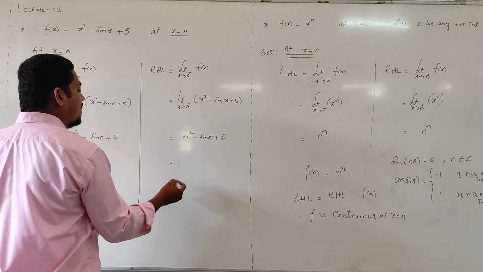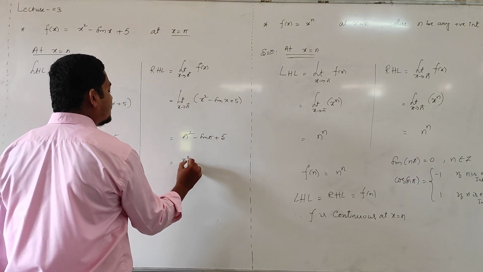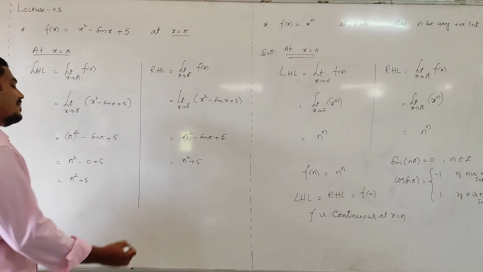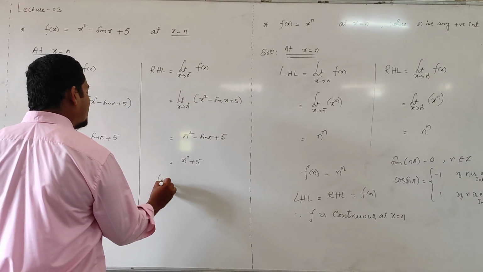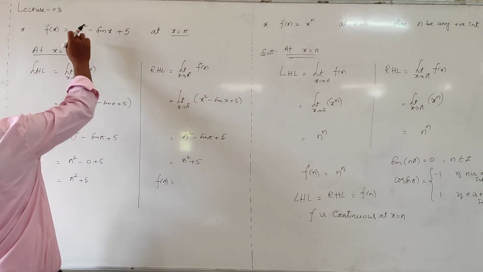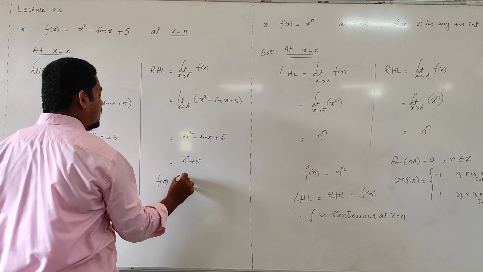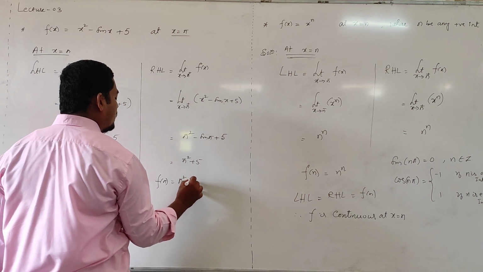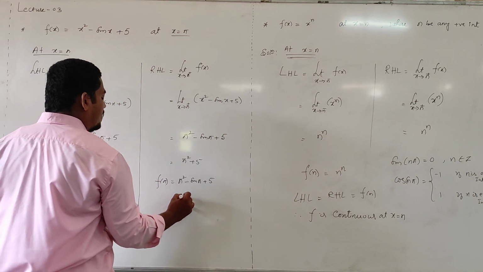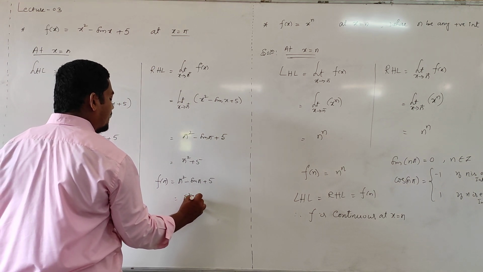Already you know sin pi value is 0, so pi square plus 5. This is right hand limit value. Now what is f of pi value? Evaluate functional value. F of pi means put x value pi in the given function, then it will be pi square minus sin pi plus 5, that's equal to pi square plus 5.